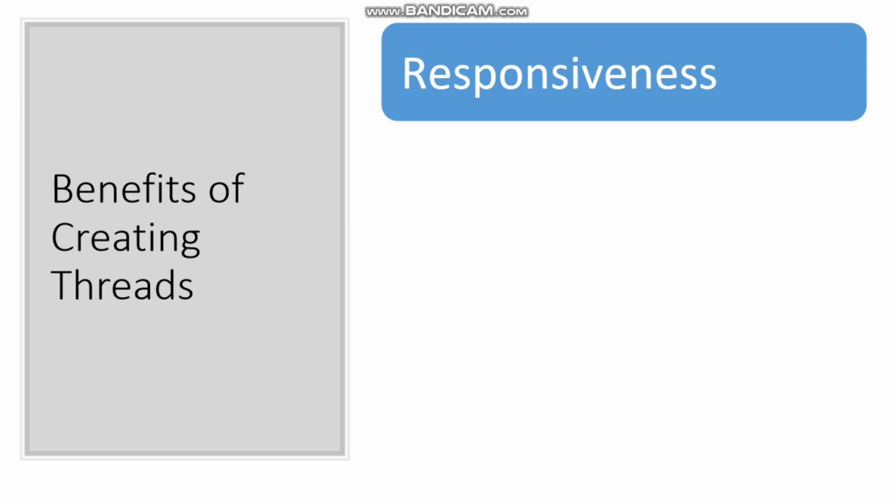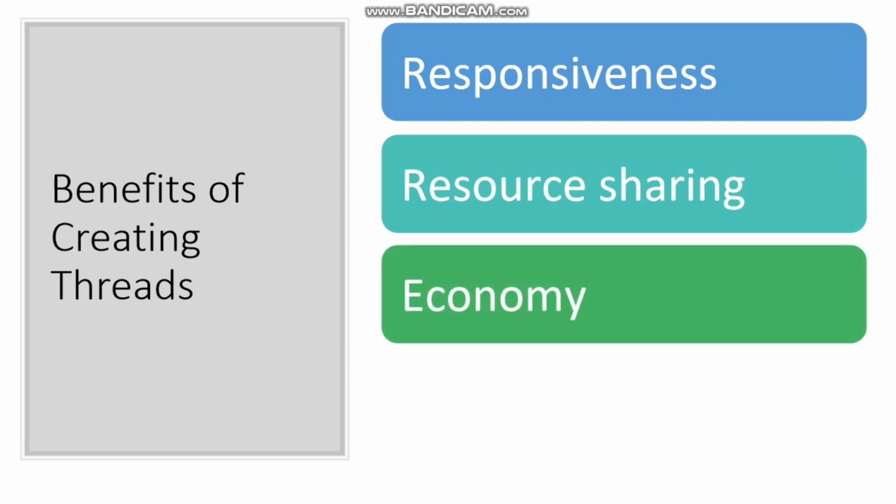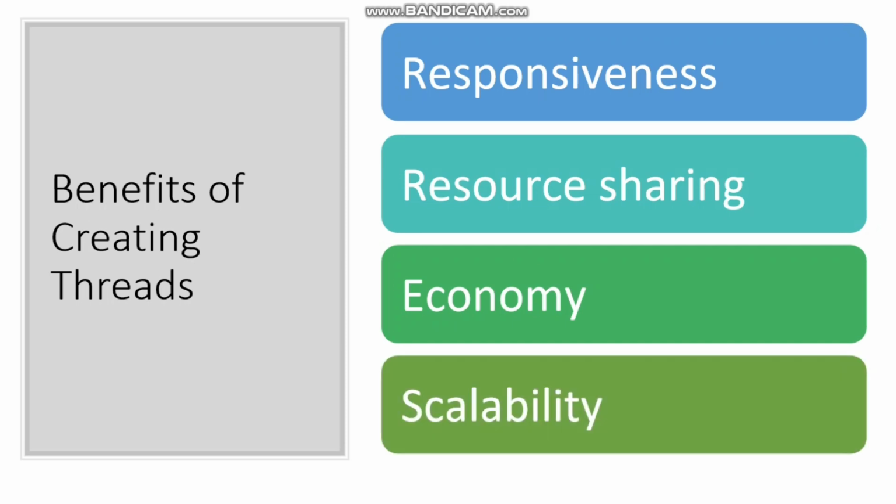If you connect the user interface with your backend, the backend runs, but your interface does not have to wait for your backend. This helps your responsiveness. The other benefits are resource sharing and being economical, because processes are heavier in weight and threads are lighter in weight, and stability.